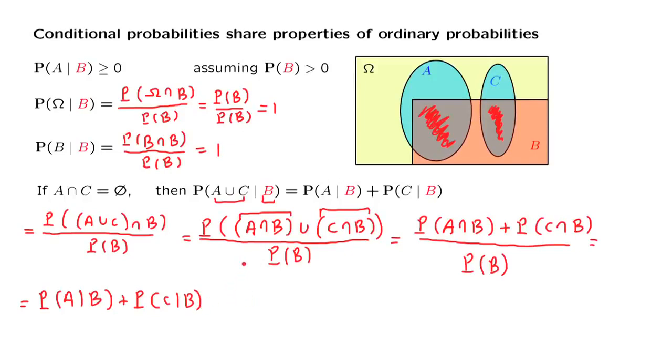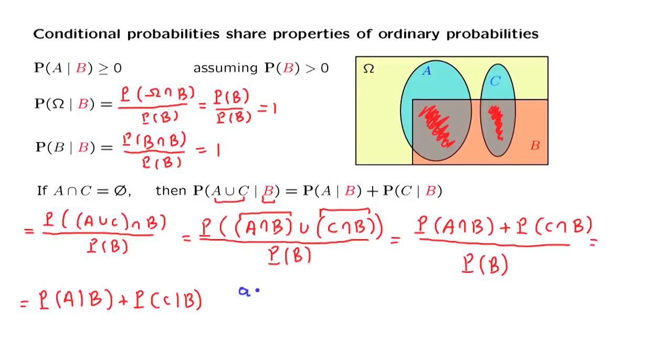So we have indeed checked that this additivity property is true for the case of conditional probabilities when we consider two disjoint events.